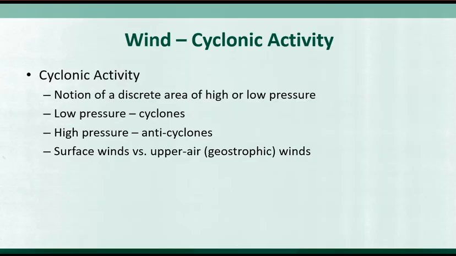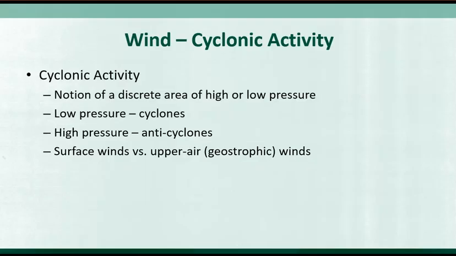Now, pressure that is found in very discrete areas, called high or low pressure areas, often has winds that circulate around it. In areas of low pressure, these areas of circulation are called cyclones.